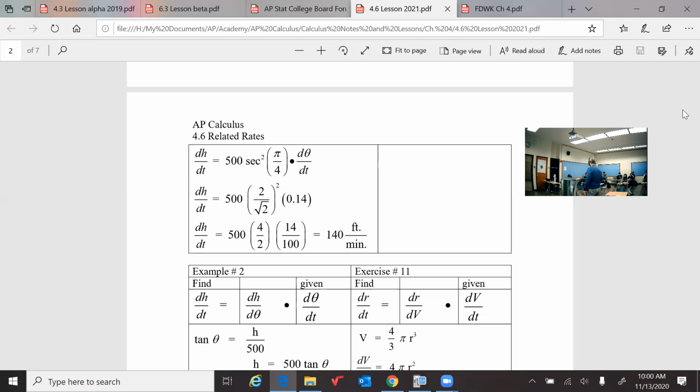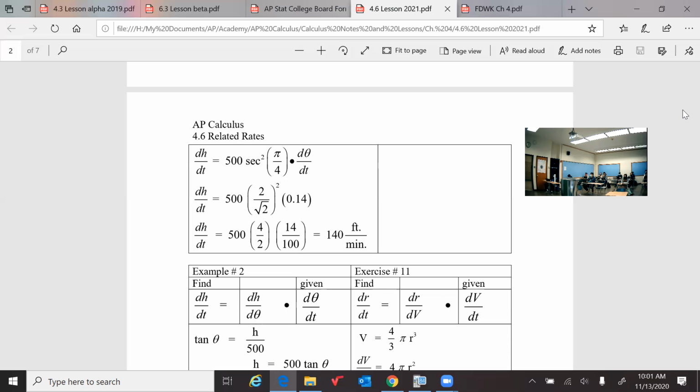You want secant. Secant is the reciprocal of cosine. So at pi over 4 secant is 2 over root 2. I have 500 times (2 over root 2) squared, which gives you 4 over 2, which is 2 times 500, or 1,000.